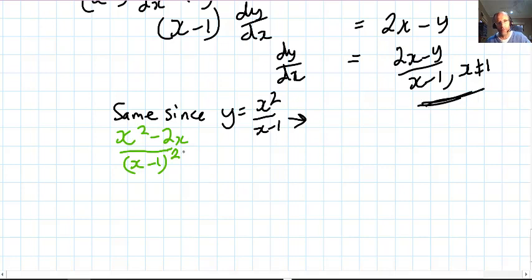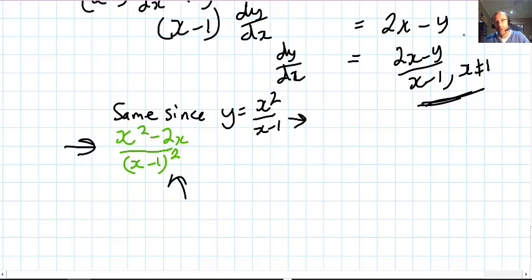But just if you ever wanted to verify it, remember last time doing it the other way we got that. So we can show, since we know that y equals x squared over x minus 1, we can sub that in, and we can as an interesting exercise show that it does equal this.